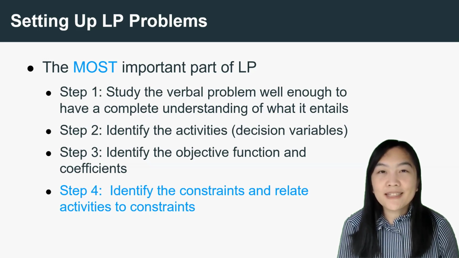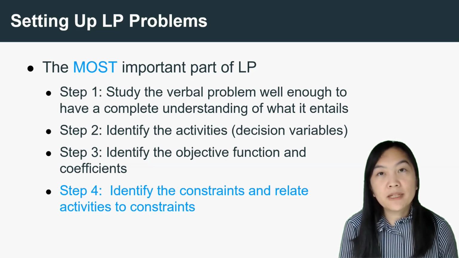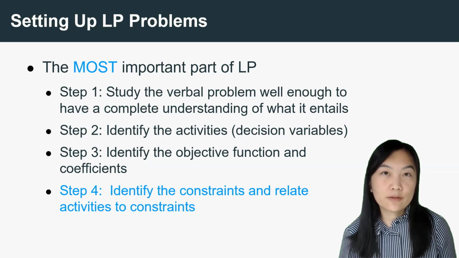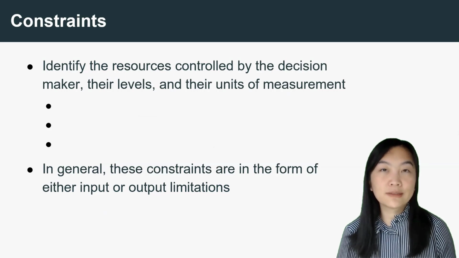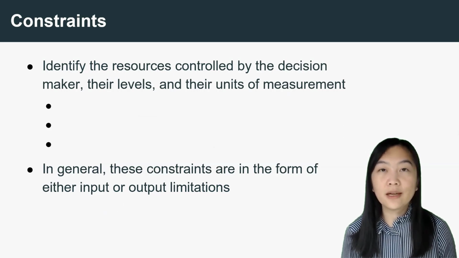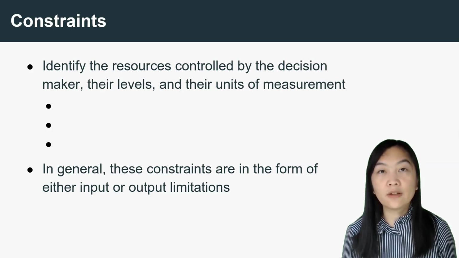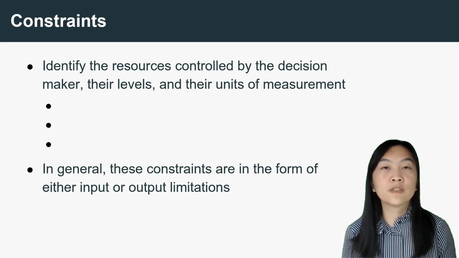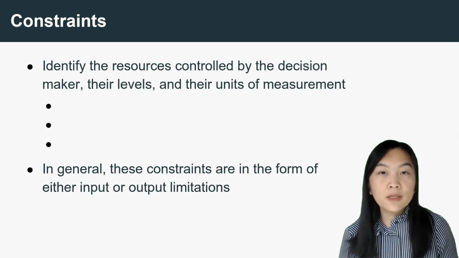So we get to the last step of setting up the linear programming problem, which is to identify the constraints. In this example, there are actually 3 constraints, and those constraints came from reading the verbal problem, and you have to make sure that you use all of the information given in the example.